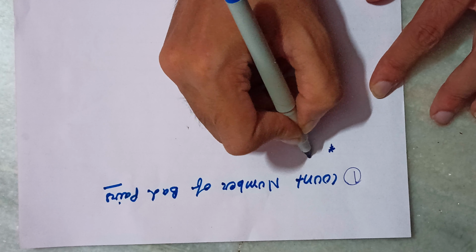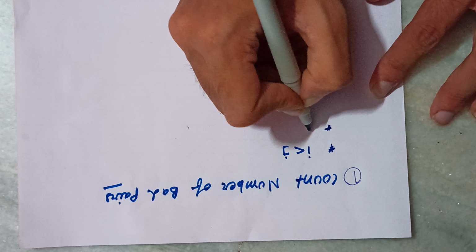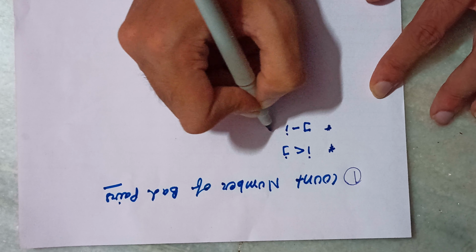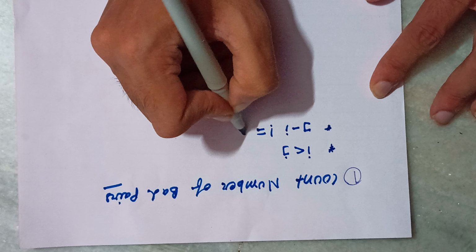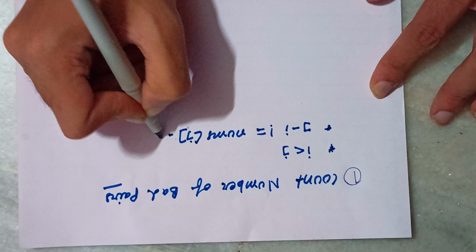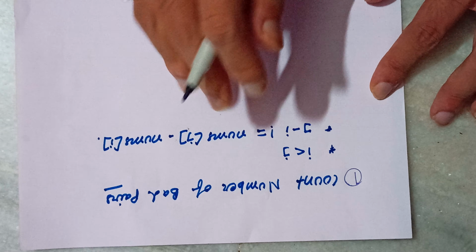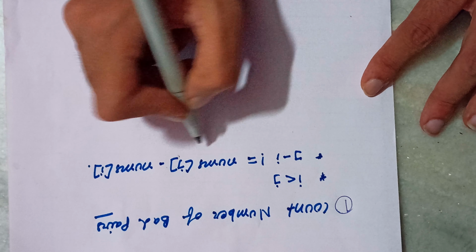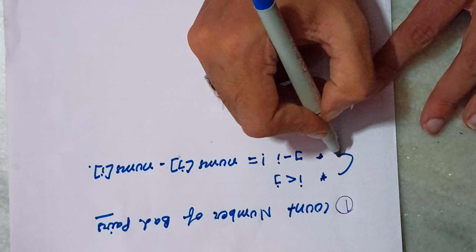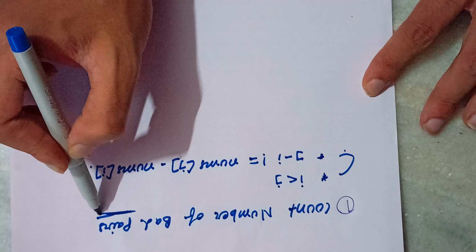First, i is smaller than j, and second, j minus i is not equal to nums[j] minus nums[i]. If these two conditions are satisfied, then the pair is a bad pair.